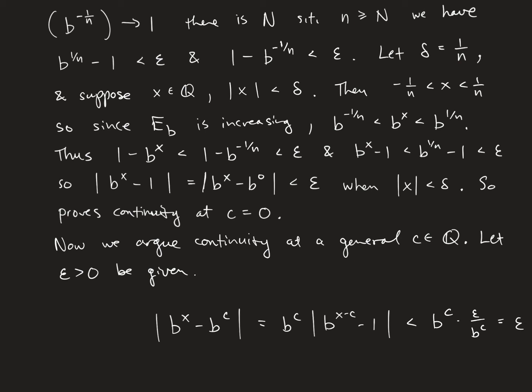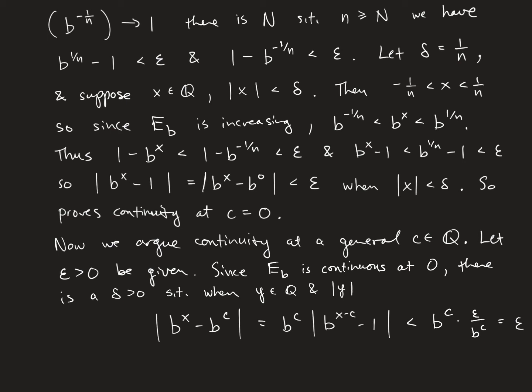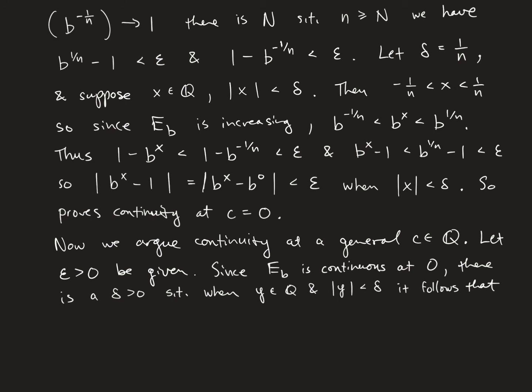So all we have to do is, since e sub b is continuous at 0, there is a delta such that when, let's say, y is rational and has absolute value less than delta, it follows that we just want the difference between b to the y and 1 to be less than epsilon over b to the c.